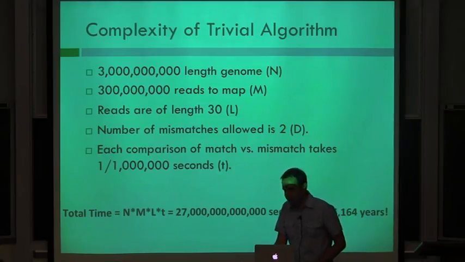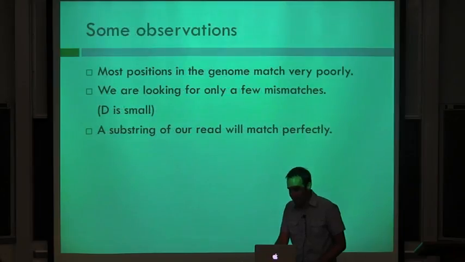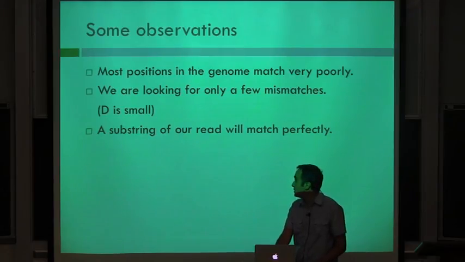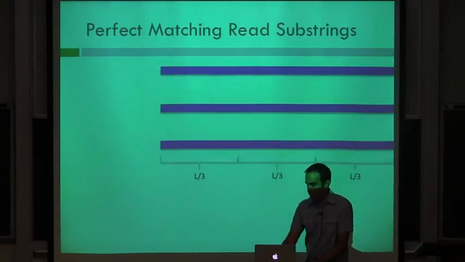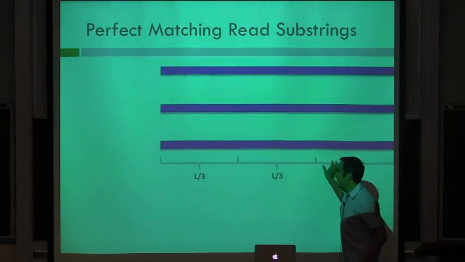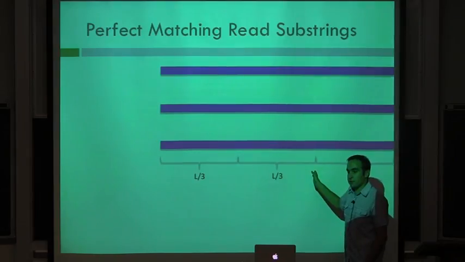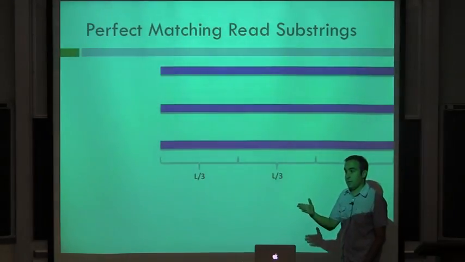Okay, since I'm running out of time, I'll put you out of your misery. Here's the basic idea. We're looking for a small number of mismatches, and so you know that a substring will match perfectly. Let's say this is your read, and I split it up into thirds, and let's say I'm only allowing for 2 mismatches.